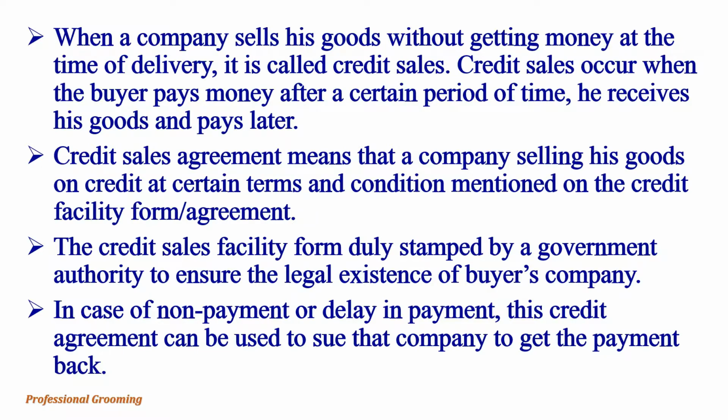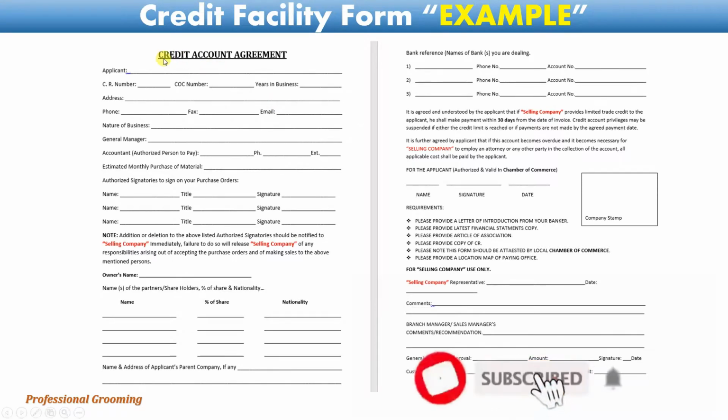So let's now discuss the template or the format in detail. Credit facility form example. This is a credit account agreement. So the first thing here, the buyer, we need to send this credit account agreement form to the buyer.